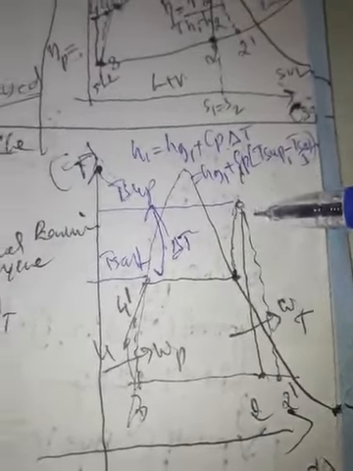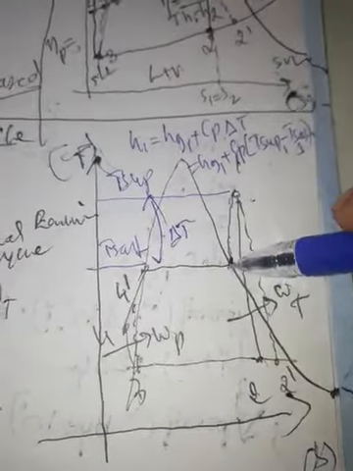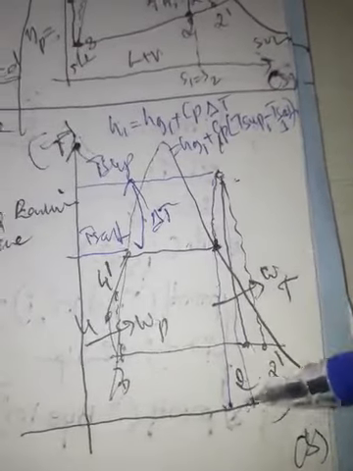So during the superheating process there is also a change in entropy. Entropy also increases. Here just you can look into this. At this point entropy is, this is the point, and at this point there is a change in entropy.